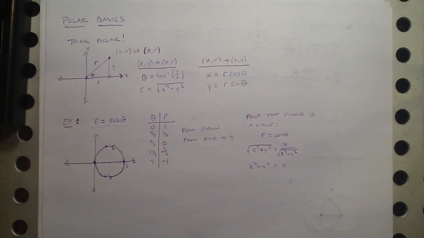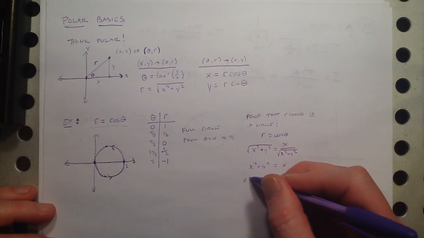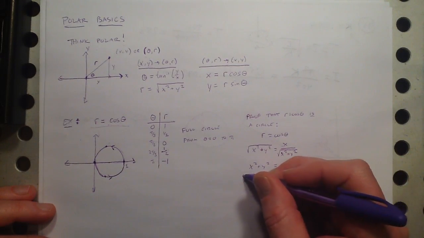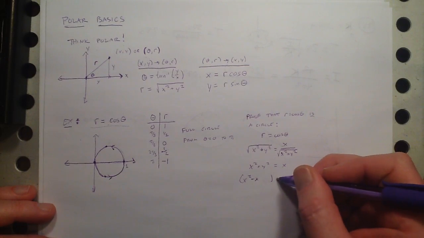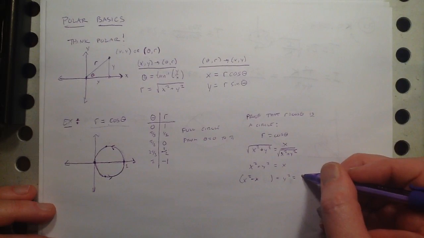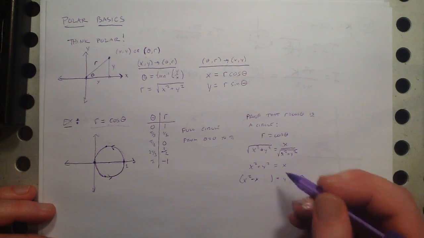Now that is that circle, but maybe it's not as clear in this form, so we could try to get it into standard form. x squared minus x, and then plus y squared equals 0 on this side. And to get it into standard form, I would have to complete the square here. So that means I take half of this coefficient and square it.